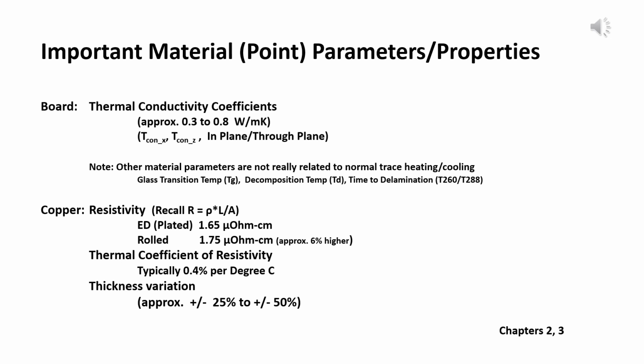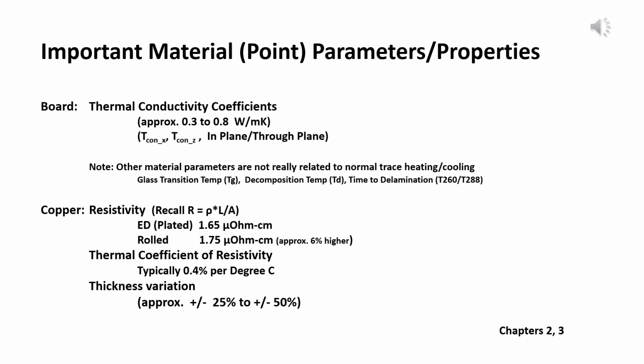We typically think of it in the range of 1.75 microohm centimeters, which is approximately 6% higher than plated copper. If you don't know what kind of copper you have on your board, then you have a 6% uncertainty regarding the resistance of the trace, which translates to a 6% uncertainty in temperature.